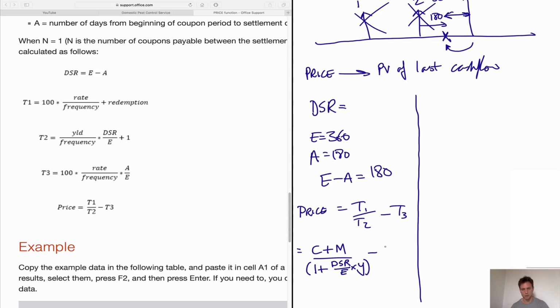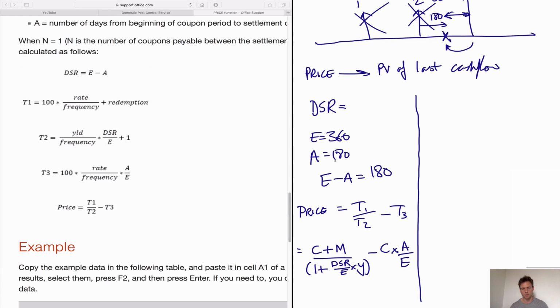Then subtract T3, and T3 is 100 times rate divided by frequency, which is your coupon, times A over E. This bit here is your accrued interest. The coupon payment, which I've simplified as C, is your coupon rate, let's say 5%, times 100, the dollar value of your coupon, multiplied by A over E. A over E is the fraction of the period that's already elapsed.